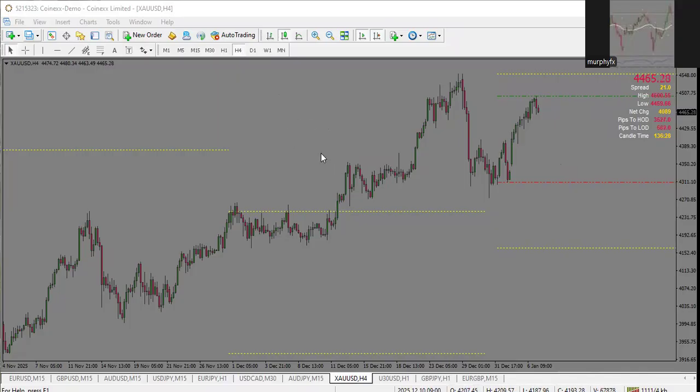Now let's quickly go to our gold. Firstly, let's make a little recap here. We analyzed the trade last night, yesterday. From here, I think I'm around this price level.